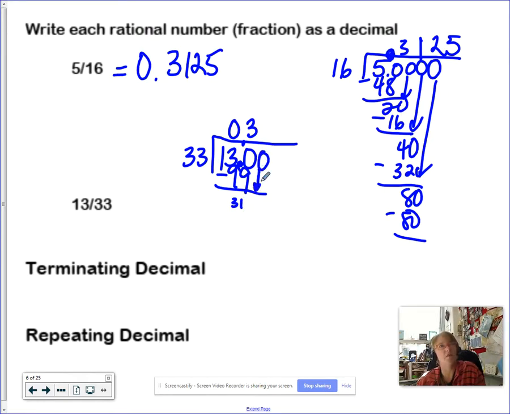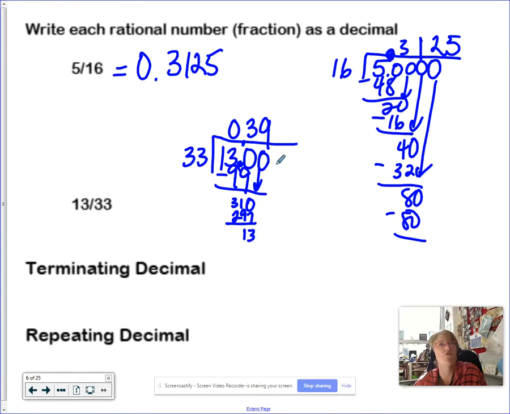Add a 0. Now we have to figure out for 310. How many 33s go in there? 33, 66, 99, 132, 160, and so on. Okay. And this one ends up being 9 times because you get 297. When you subtract, you get 13.